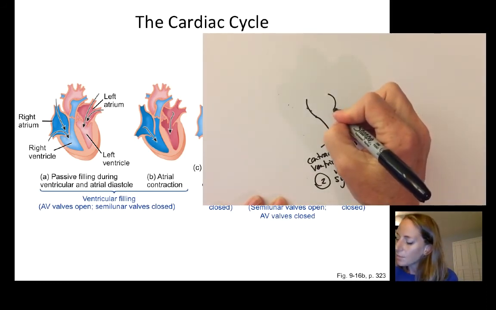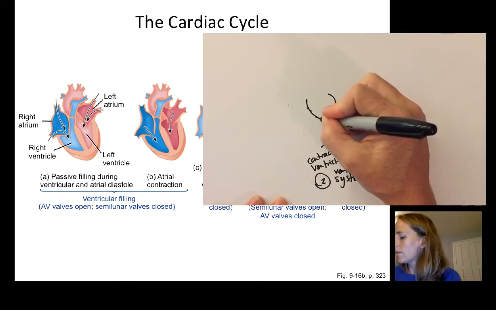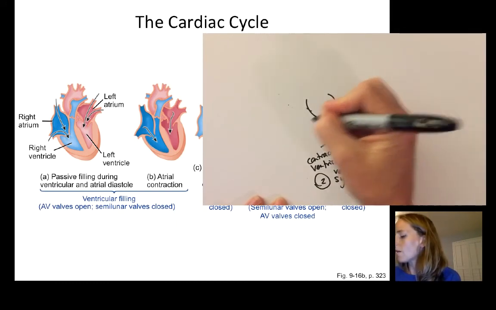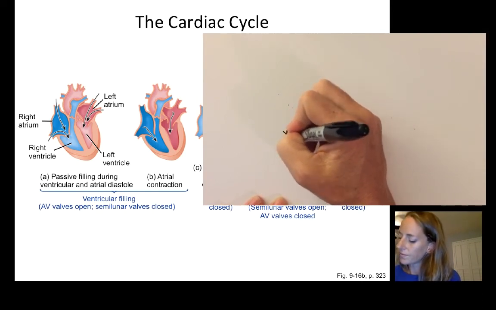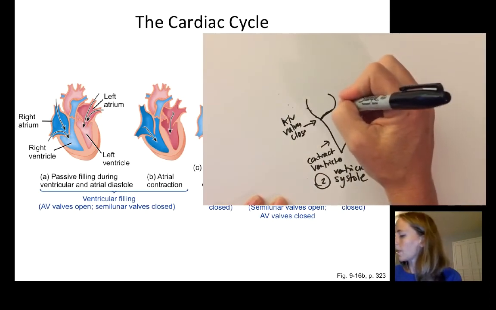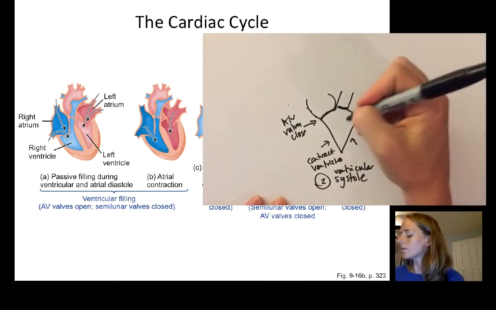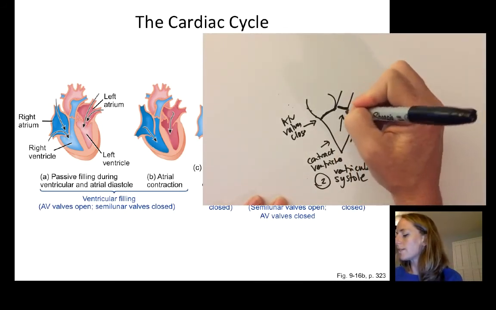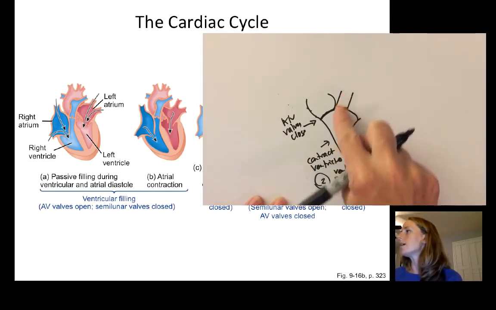So at this point, the AV valves are now going to close. And the pulmonary and semilunar valves will also be closed initially, right? Blood is trying to then get out of the ventricles and pump.